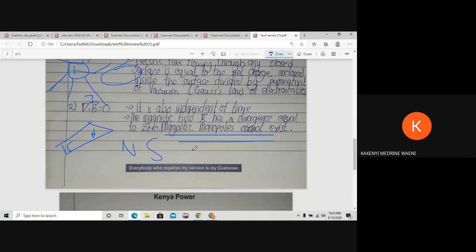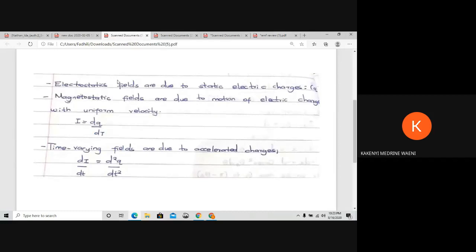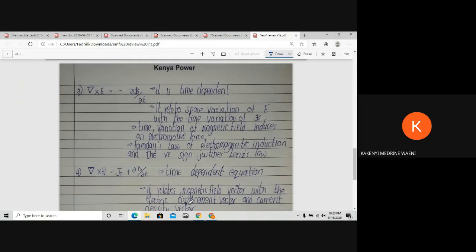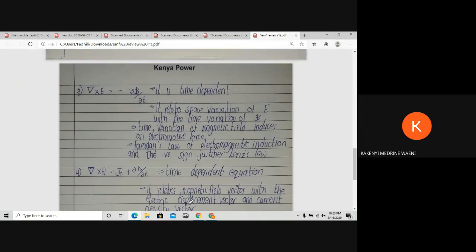Yes. Then the third one is Faraday's law, which we handled earlier. It relates the space variation of E with time variation of B. This is where now B and E come together.